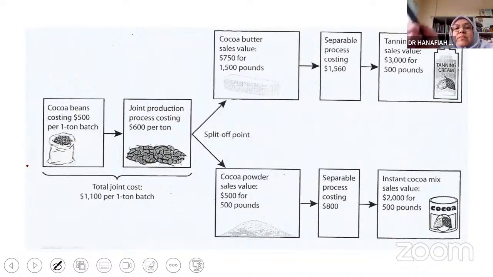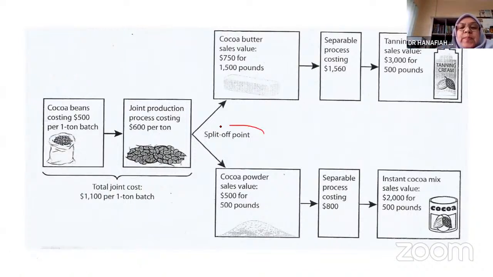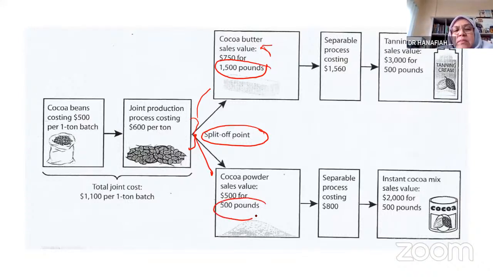So now you have split the production. You stop here and you put into two separate products. You will have 1,500 pounds, okay, to produce cocoa butter and 500 pounds for cocoa powder. All right.